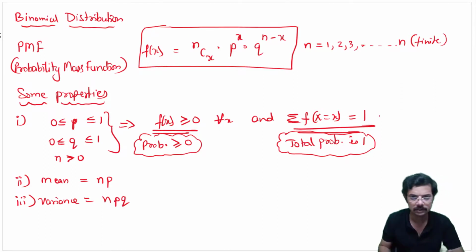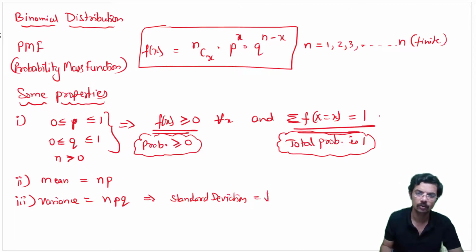This implies that the standard deviation is equal to the square root of n, p and q, the product of n, p, q. Also we should understand one main, very important relationship between the mean and variance.